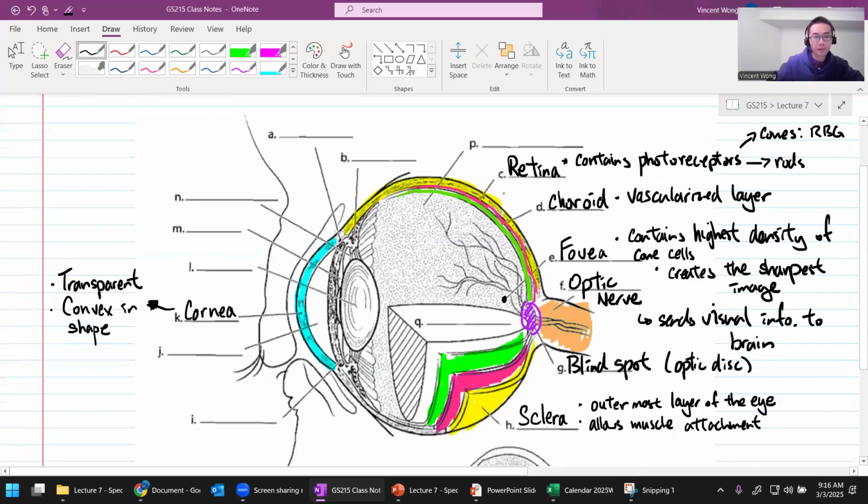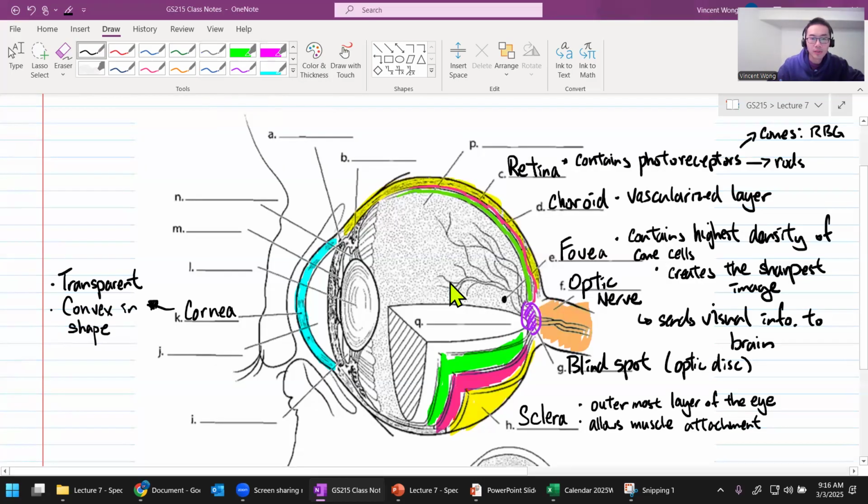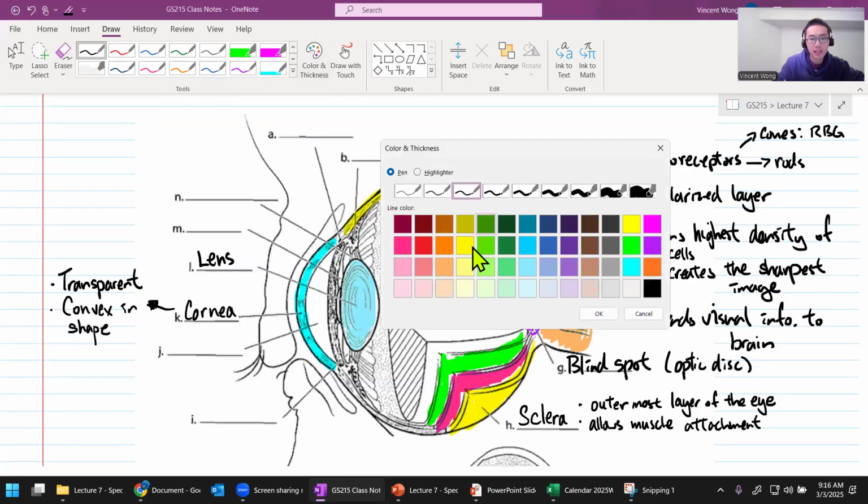Okay, let's move to the front of the eye and see what else is there. Very important for the eye is this thing right here. Without this, you can't see at all. That is the lens. The lens is basically going to focus the light rays onto the fovea. Don't draw this. I'm just going to show you, and then I'm going to erase it.